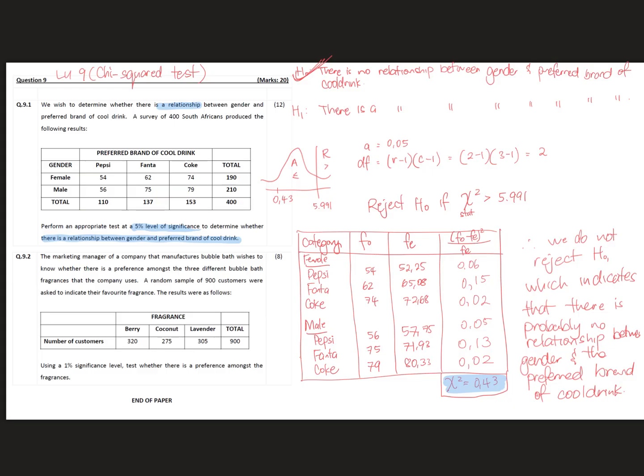All right, so this is it for question 9.1. So that's quite straightforward. It naturally is a bit more work because you do have to calculate the values of FE and then that last column for your chi-squared statistic. However, it is quite a straightforward question. It's often easier than the hypothesis testing because you don't have to worry about identifying what type of test it is and so on.